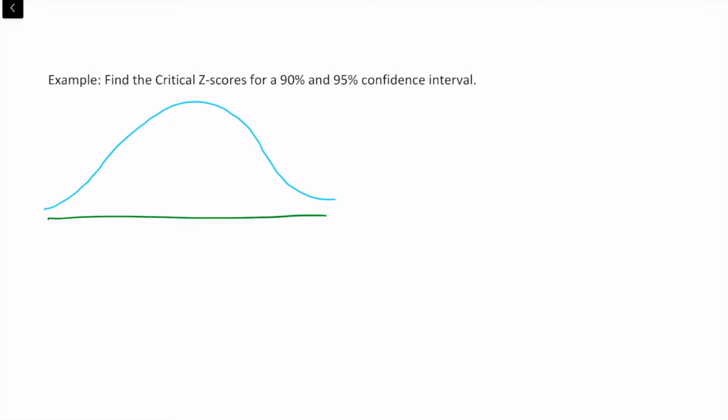And we are talking about Z-scores here, so these are values of Z-scores. We know that the standard normal distribution, the Z distribution, has a mean of 0. So right now in the middle is where Z is equal to 0. We know the standard deviation is equal to 1. Let's do the 90% confidence interval first. How do we find the critical Z-score? Well, this is what the picture looks like.